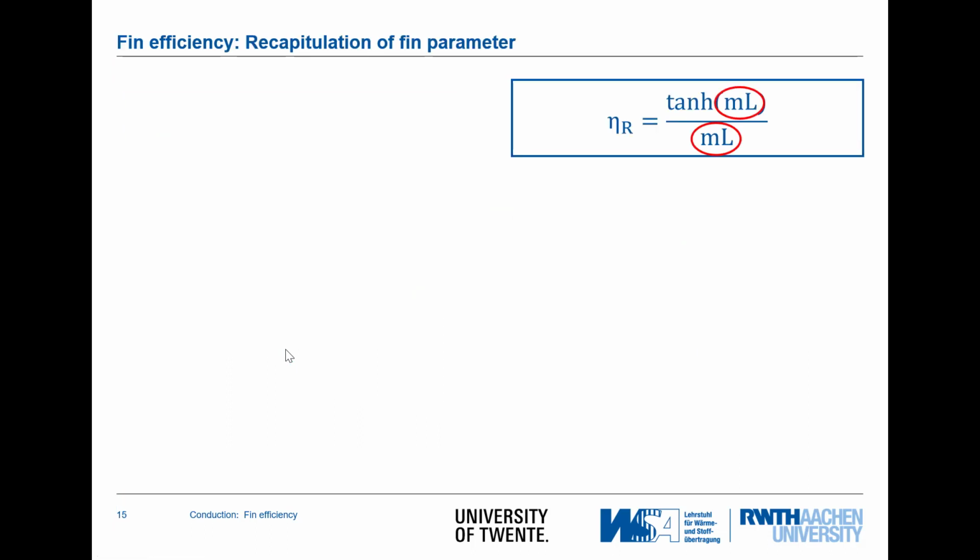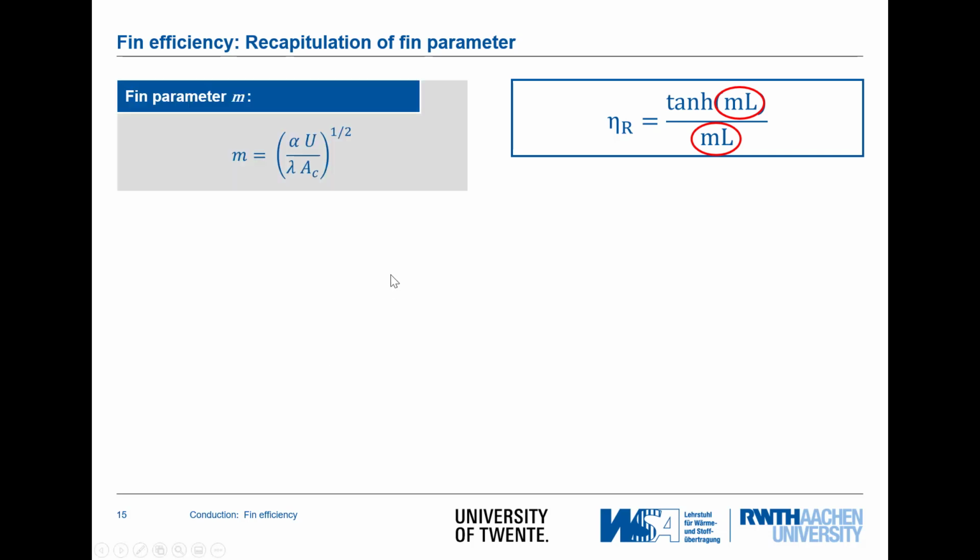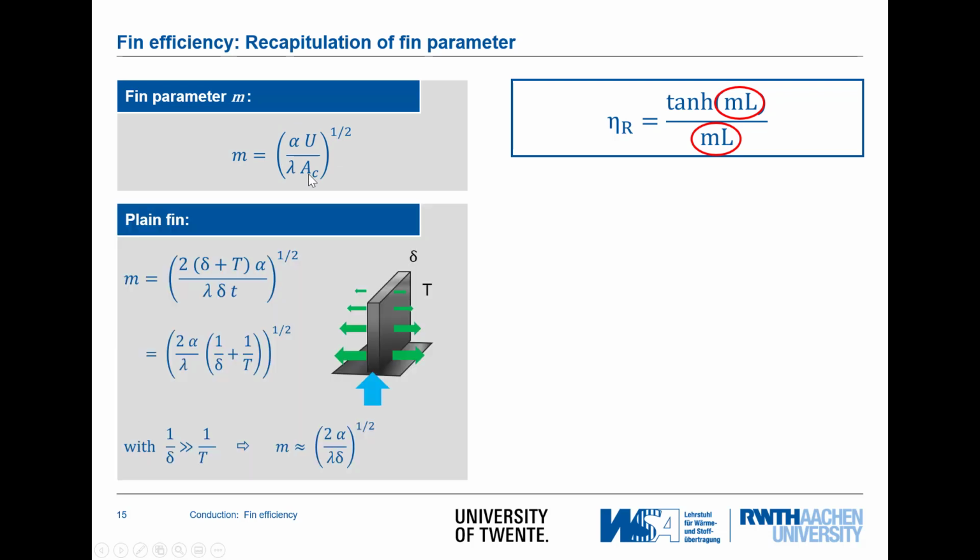Now let's recapitulate once again the fin parameter for the different cases. The fin parameter, as it was developed, was alpha times the circumference divided by lambda times AC, and for a plane fin that resulted in m approximately equal to the square root of 2 alpha divided by lambda delta.